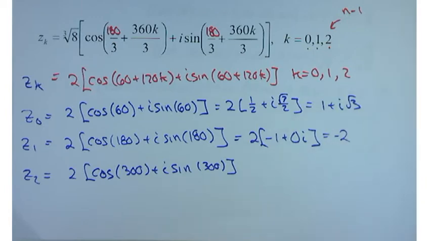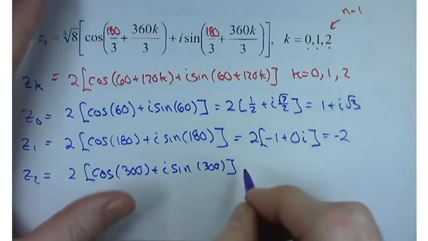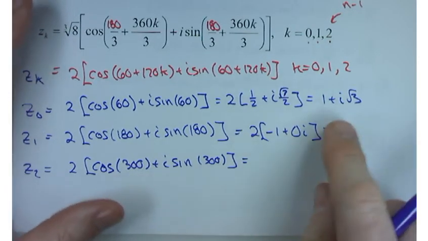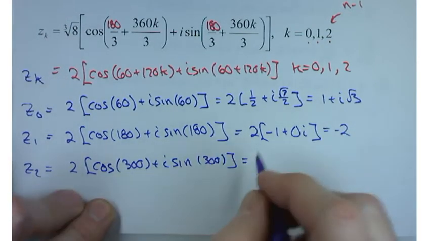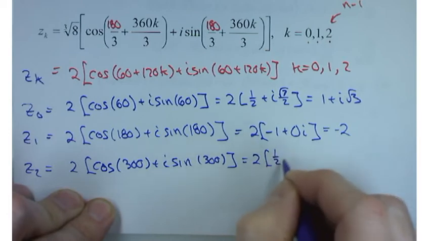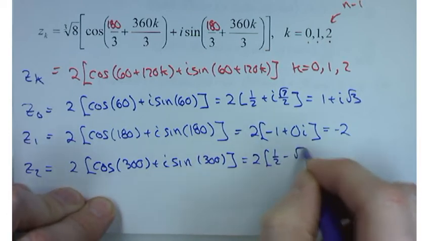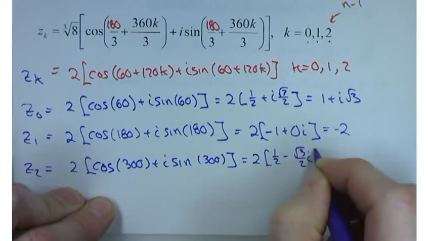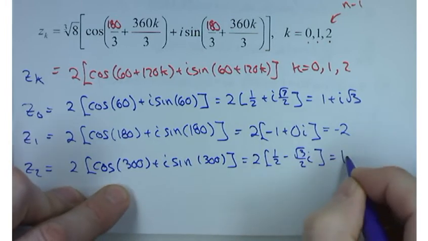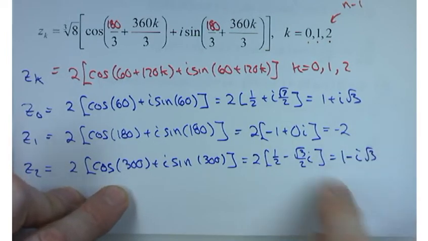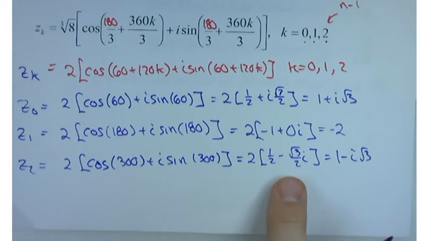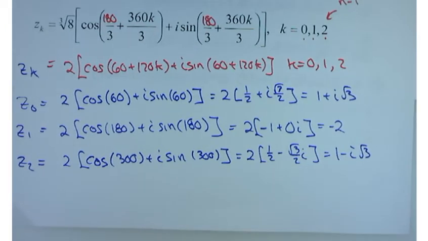So let's just be careful and put the i out in front. Likewise down here, that's going to be 2 times 1/2 minus the square root of 3 over 2 times i, which is going to be 1 minus i square root of 3. When you distribute that, the 2's cancel out from the denominator. So there you have it.